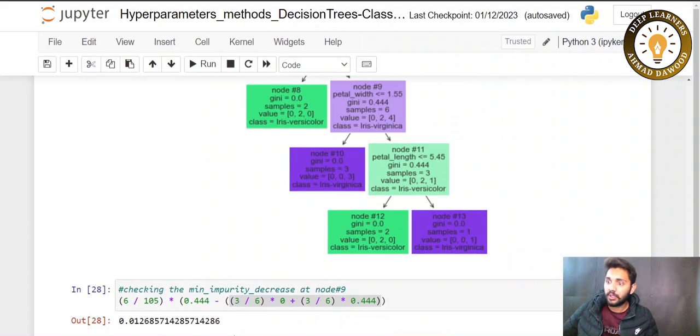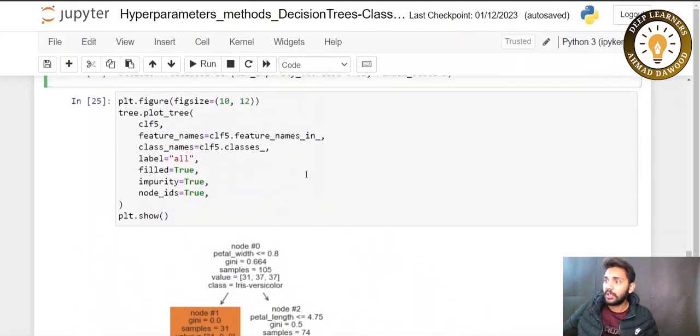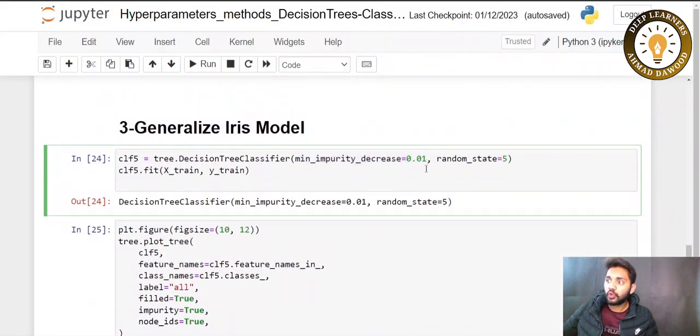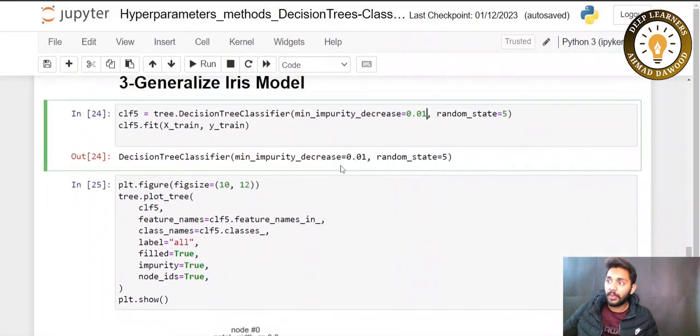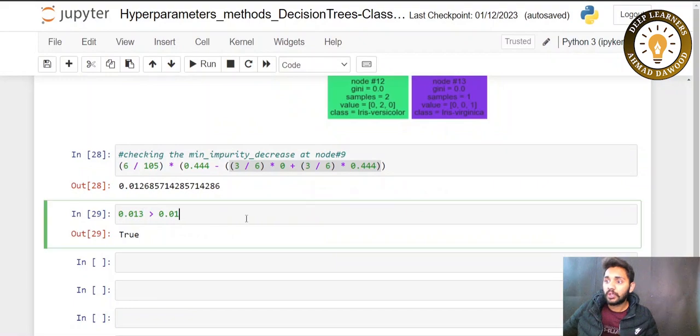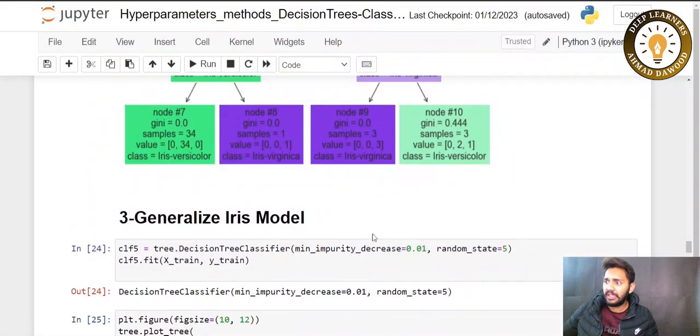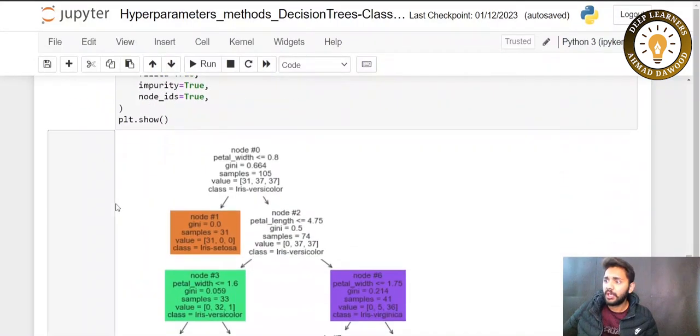If you increase this, let's say to 0.02, then you will not get any split that gives less than 0.02 decrease in impurity. If I run it again, maybe I will get a different type of model.